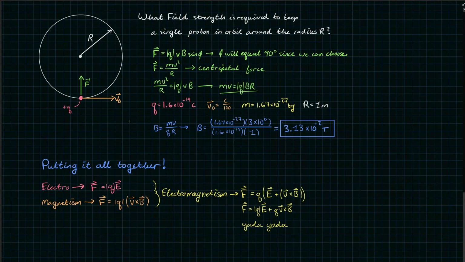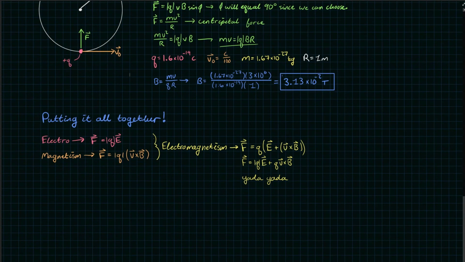Pretty fun, pretty cool. So putting it all together, we know that the electric force equation is F equals Q times E. We know that for magnets now, force is equal to the magnitude of Q times the cross product of V and B. So, what can we learn from this?